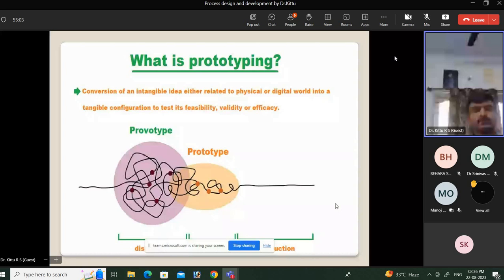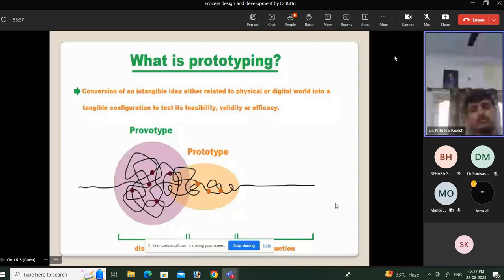The thoughts and ideas we need to convert into the physical mode, or like I said, the digital world. I have already told you that you will execute such ideas with models. For example, nowadays several institutions are using 3D models for executing the product design process, into a detailed form. Even that detailed form is put into a tangible configuration to test.